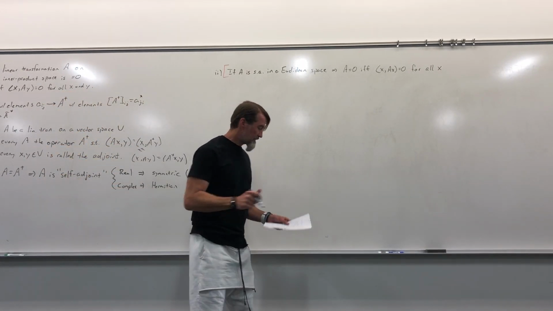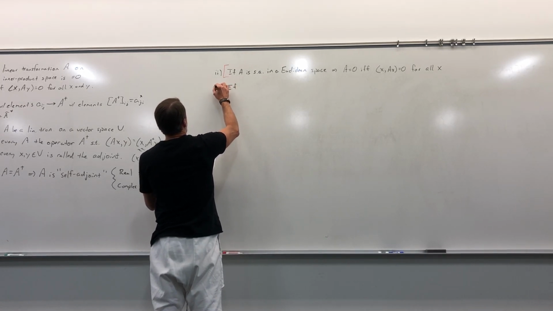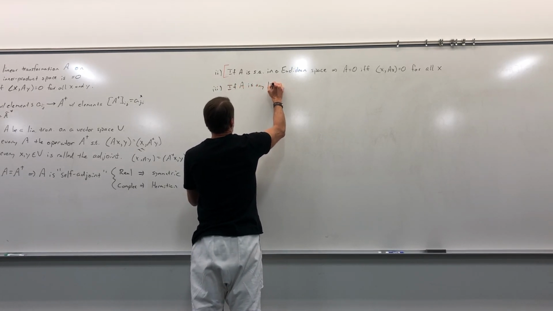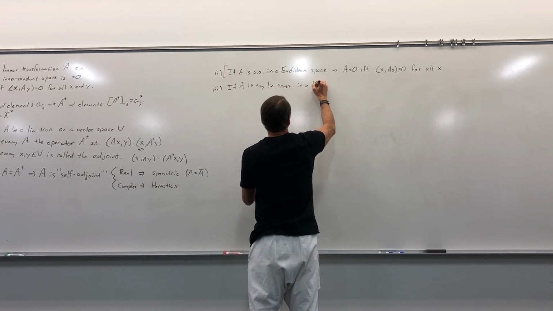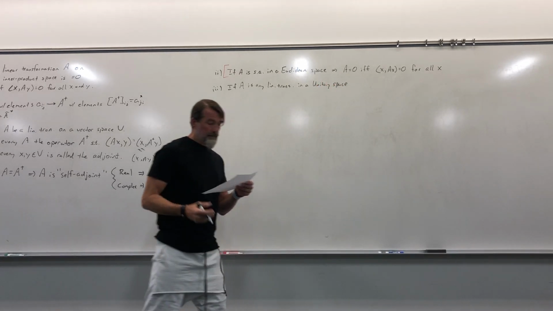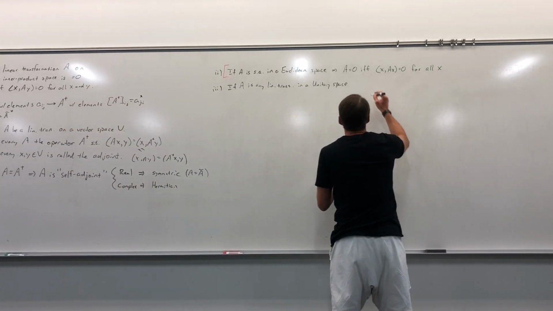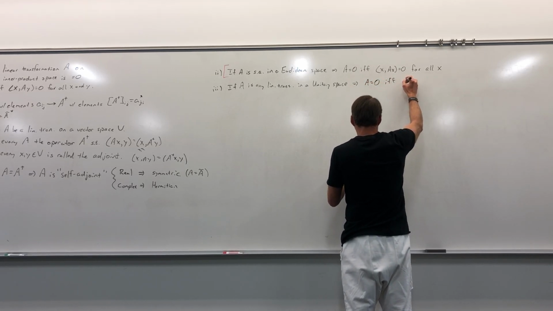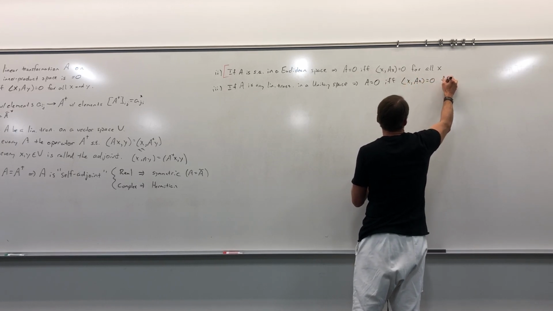All right? Now we can go further, because now we can say, for our third, if A is any linear transformation in a unitary space, okay, again, this is a vector space with a complex inner product, then A equals 0 if the inner product of x and Ax equals 0 for all x.